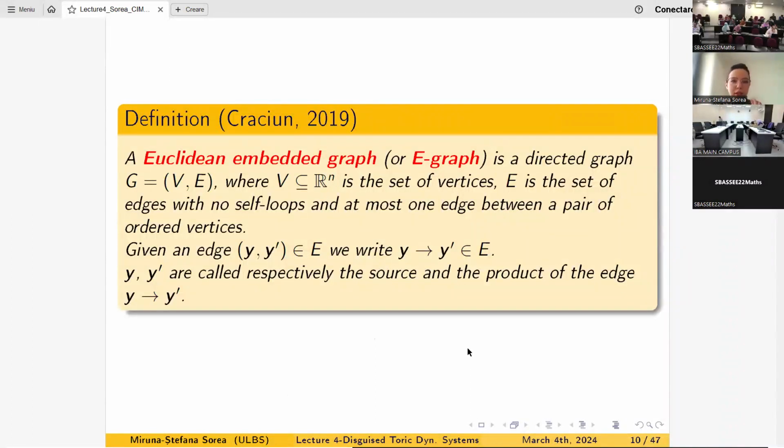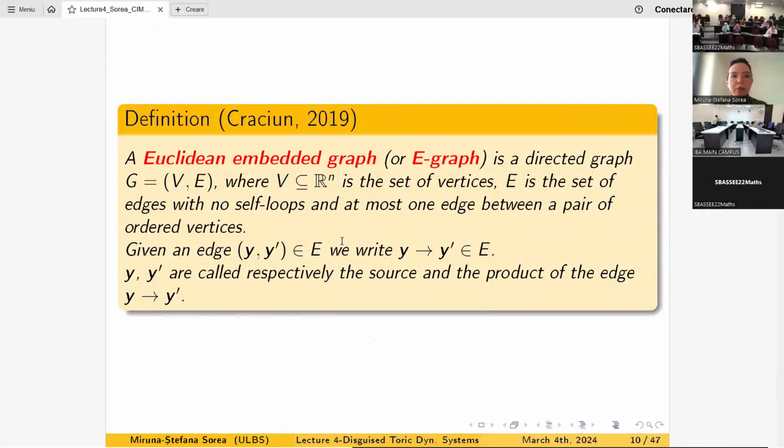Now, for the sake of having the notations, I recall what is a Euclidean embedded graph, or E-graph, because I want to have the notations clear. A Euclidean embedded graph, we also call it E-graph, is a directed graph, what we have been seeing until now, (V, E), V the vertices, E edges.